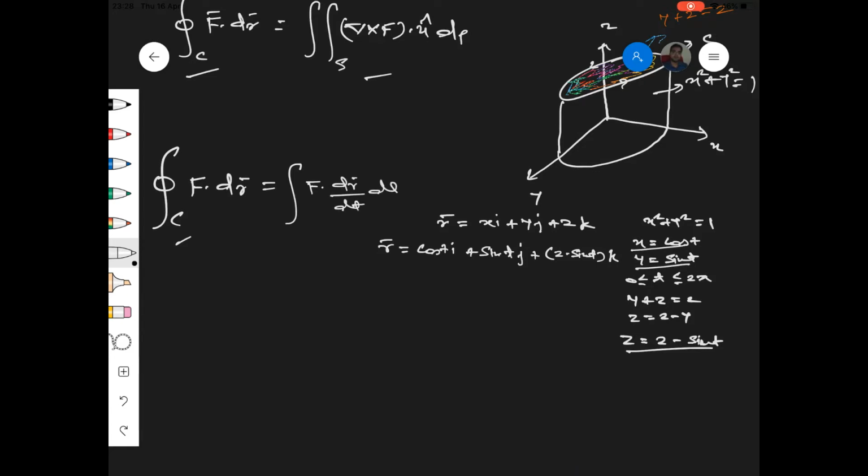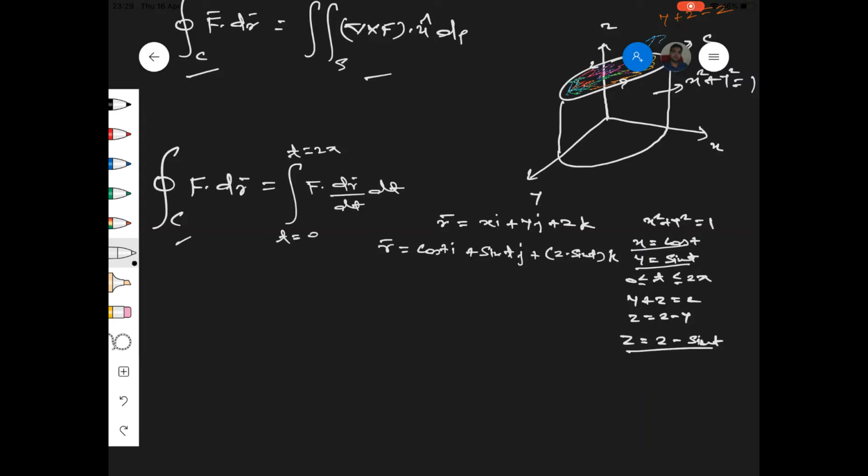And now we can convert this integral over C of F dot dr as the integral of F dot dr by dt, where t ranges from 0 to 2 pi. So let's first evaluate the value of dr by dt, and then we'll evaluate F dot dr by dt, and then we'll put it in this integral.